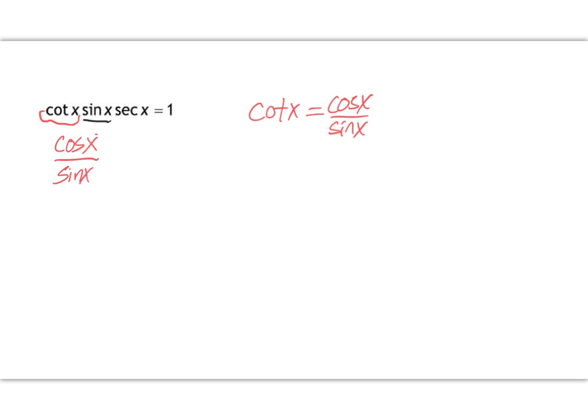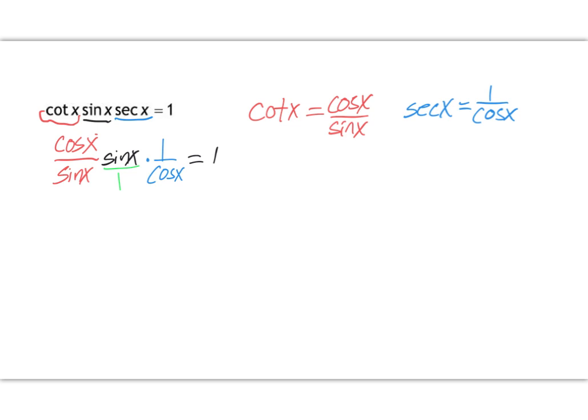All right, sine of x is already sine of x. I'm going to keep that the same. And then we've got secant of x. And I know that secant of x is equal to 1 over cosine of x. So I'm going to write that here, 1 over cosine of x. And the equals 1 stays the same. Okay, let's combine some fractions by multiplying.